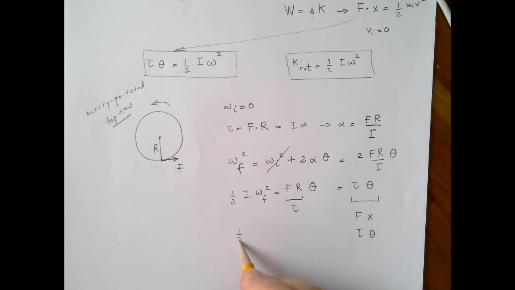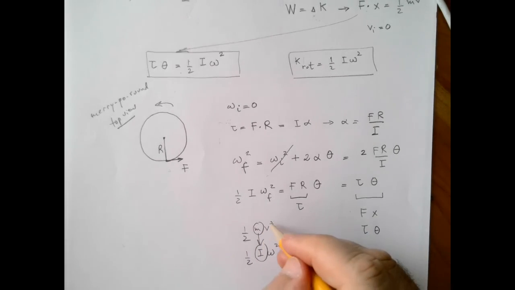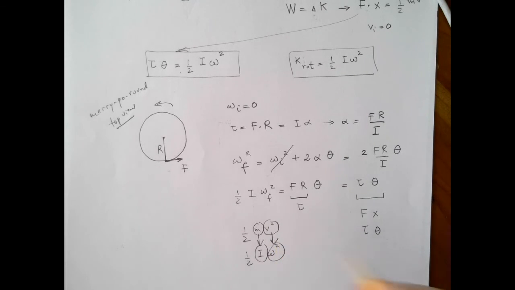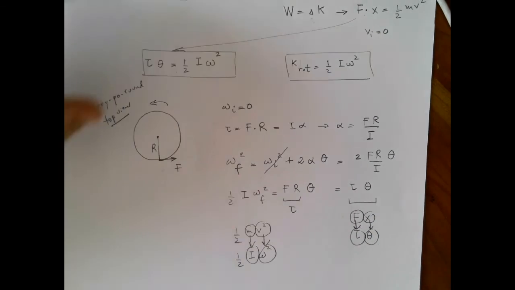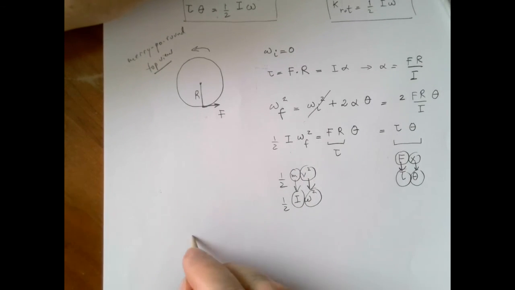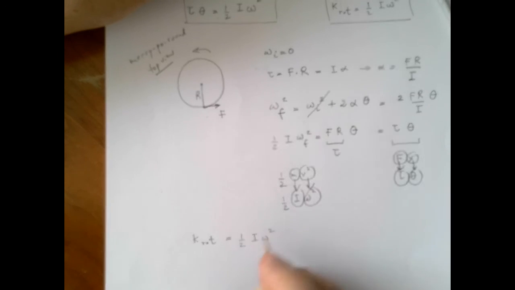And instead of ending up with 1/2 mv squared, I have instead 1/2 I omega squared, because the mass has been replaced by the moment of inertia, the speed has been replaced by angular speed, the same way as the torque is replacing the force, and the angle is replacing the position. So the rotational kinetic energy is 1/2 I omega squared.